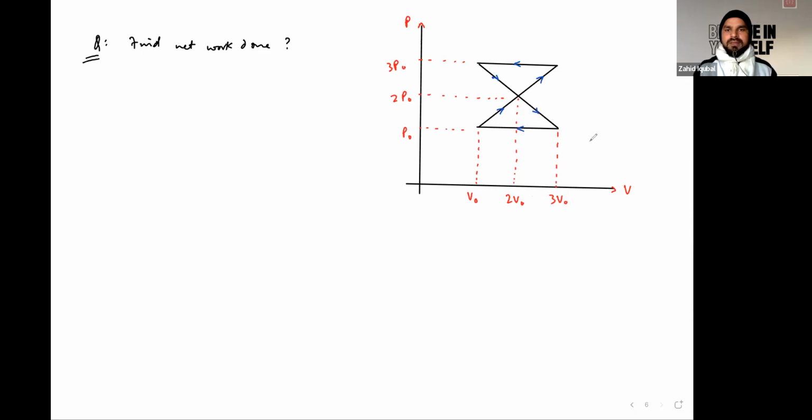Like this. So you'll be able to find net work done related to this entire process. Let's say this is A, B, C, D, and this is point O. First, if you have to calculate work done for triangle AOD, work done is simply equals to area under pressure volume graph, we can say.